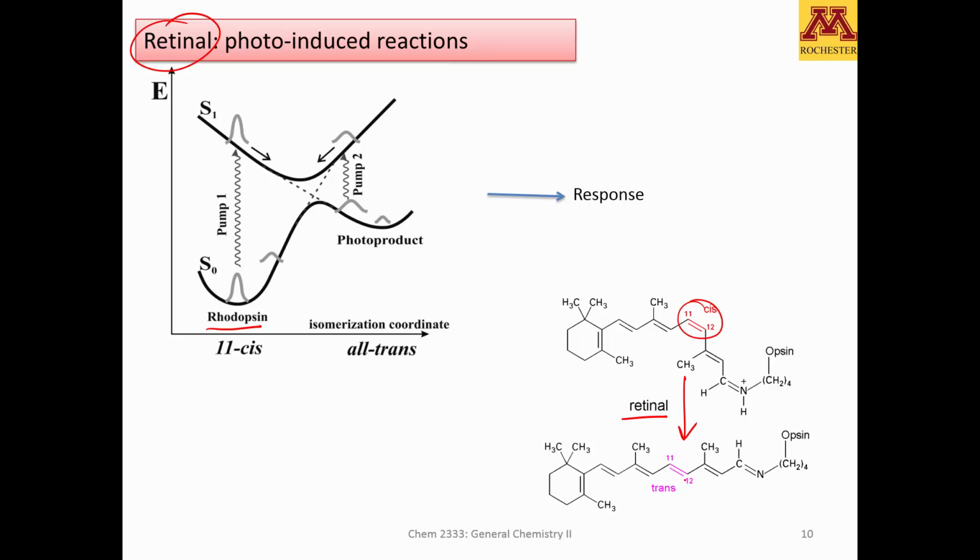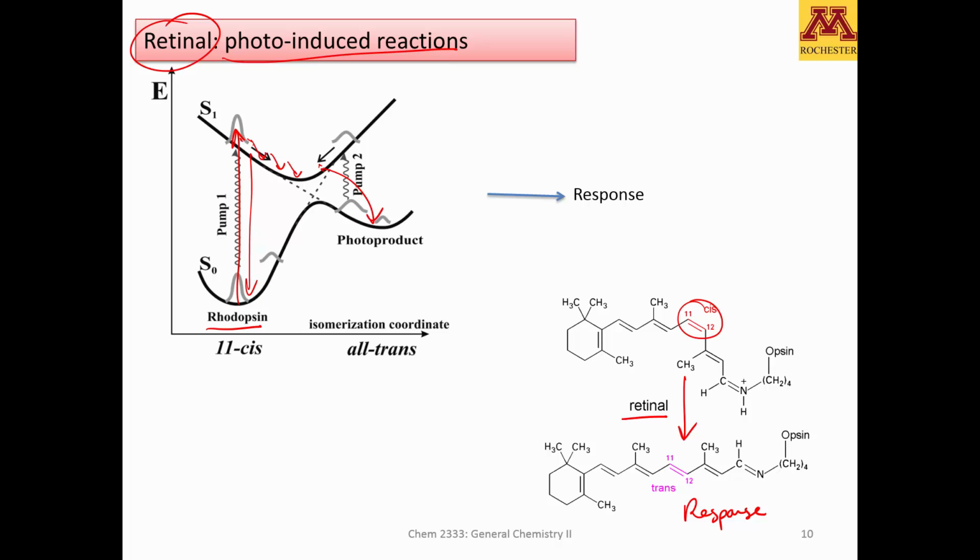Once the retinal is in trans, it sends a response to the brain, saying, hey, there's some light in here. How is that possible? Well, your retinal is first excited by light, and it doesn't come down right away. There are some non-radiative transitions, and it ends up being here.